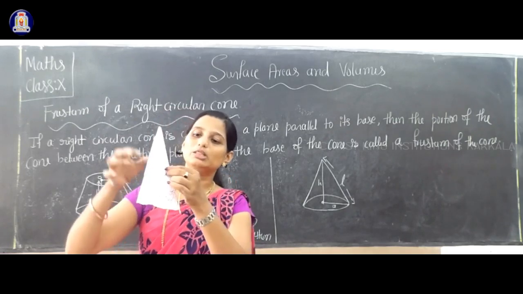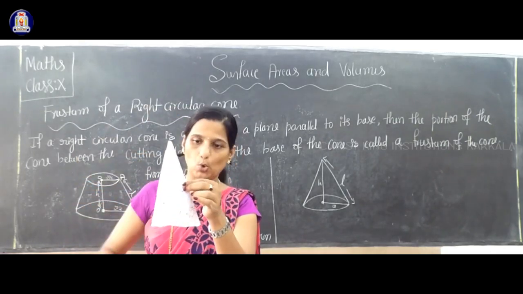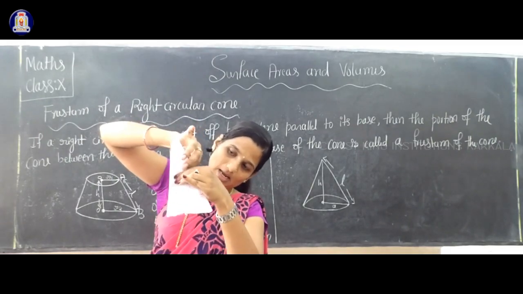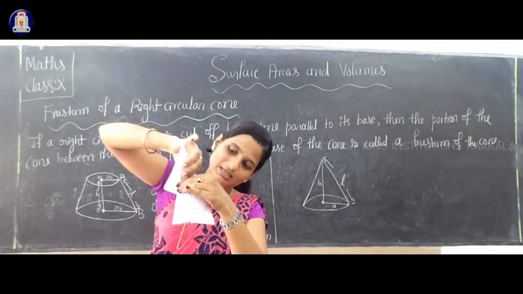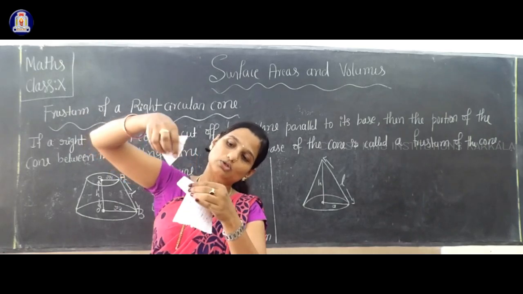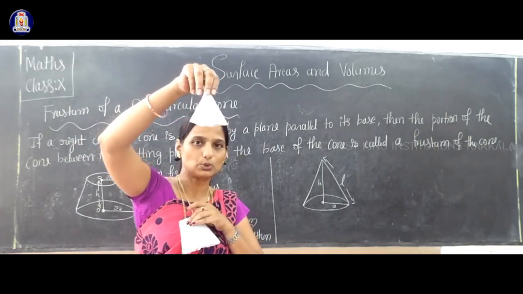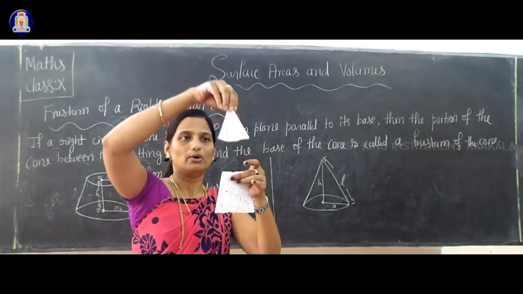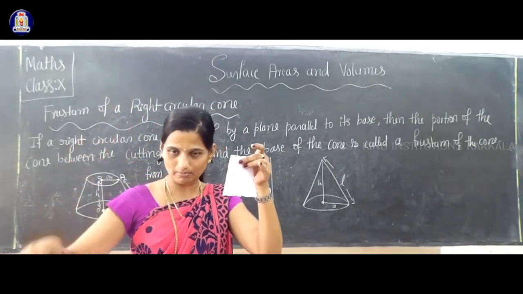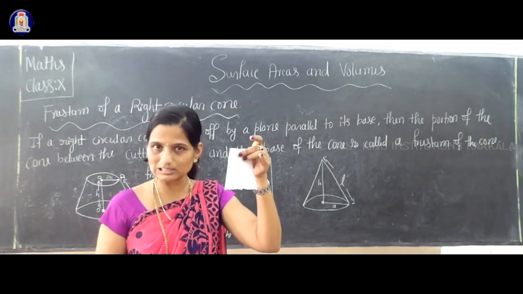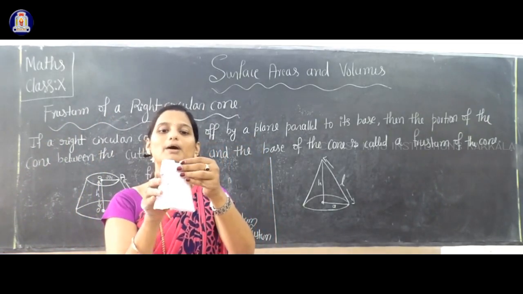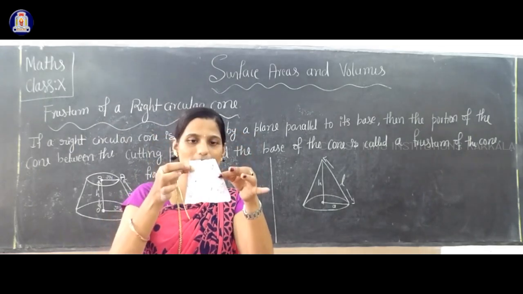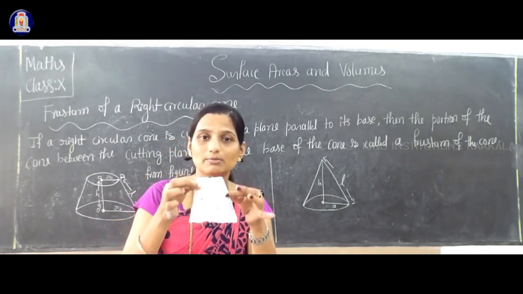If I remove the small part, like this, the removed part is also a cone. So from this cone, one small cone is removed, and the remaining part is called the frustum of the cone.